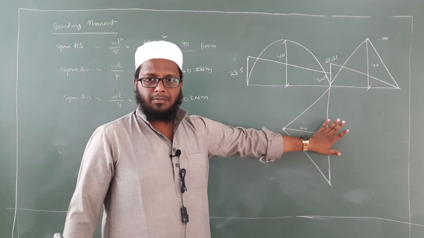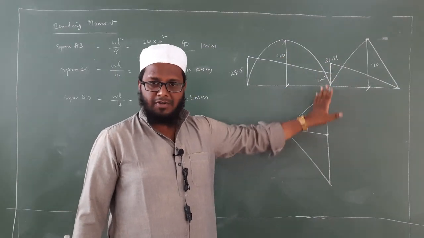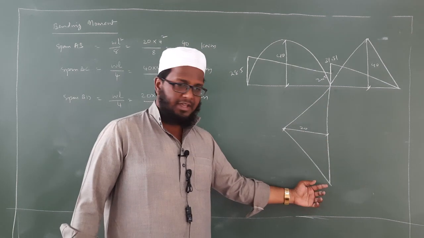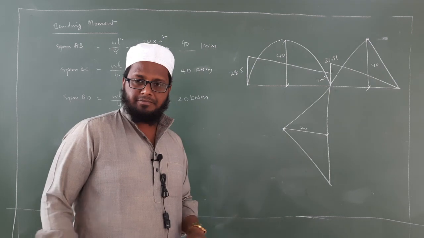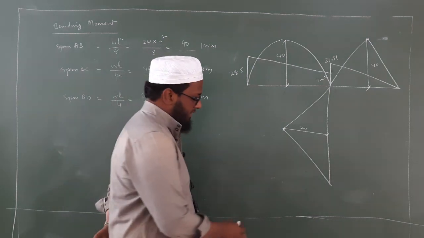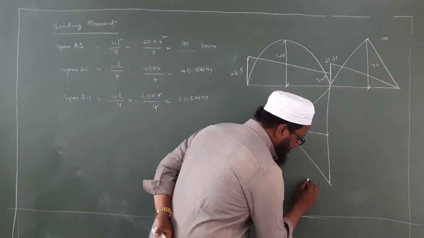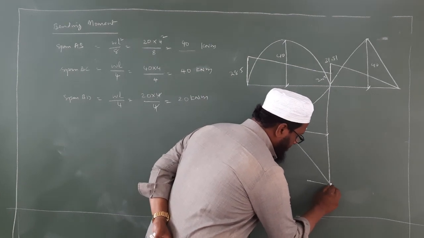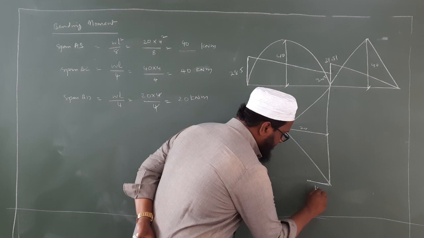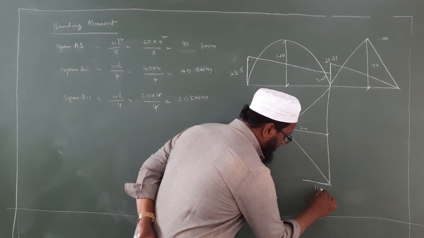Now we have bottom column also. What will happen to the pillar now? We have moment here because it is fixed here, isn't it? So what is the value we got? MDB is 7.5. And 11.21.